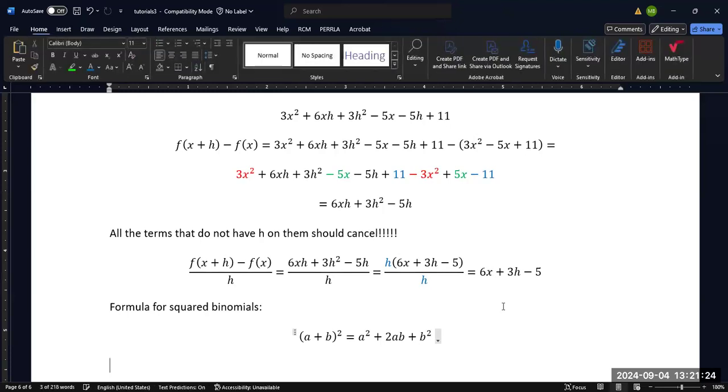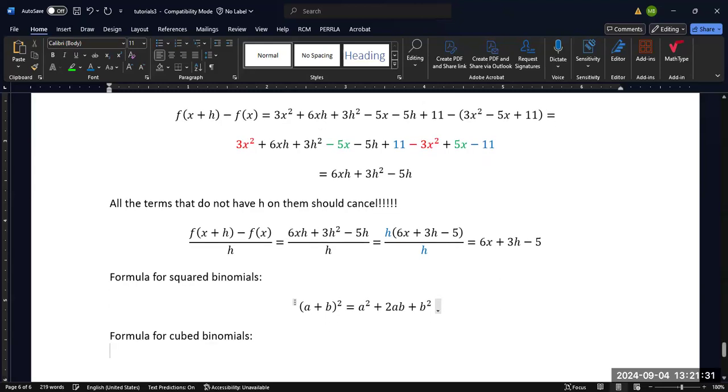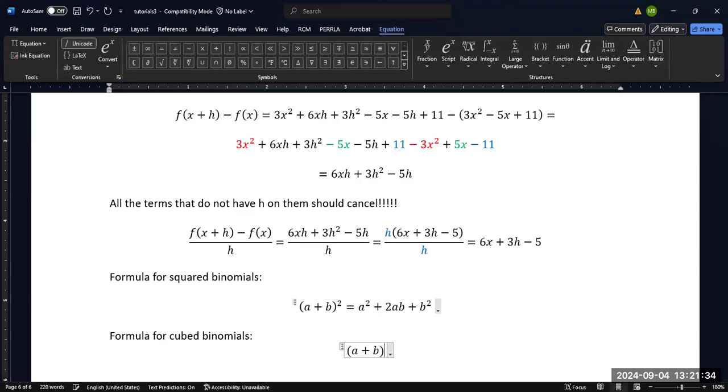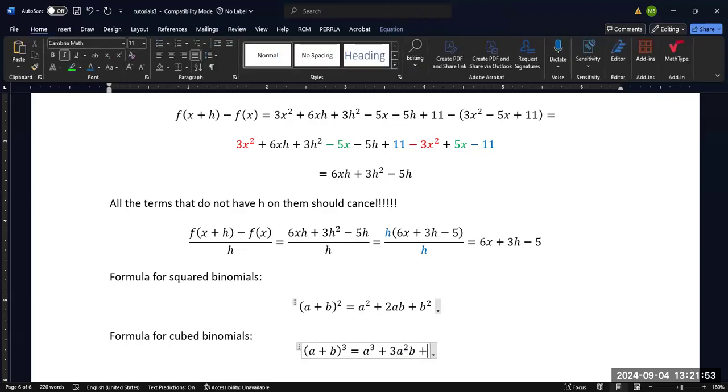There is also a formula for cubed binomials. A plus b quantity cubed is a cubed plus 3a squared b plus 3ab squared plus b cubed.